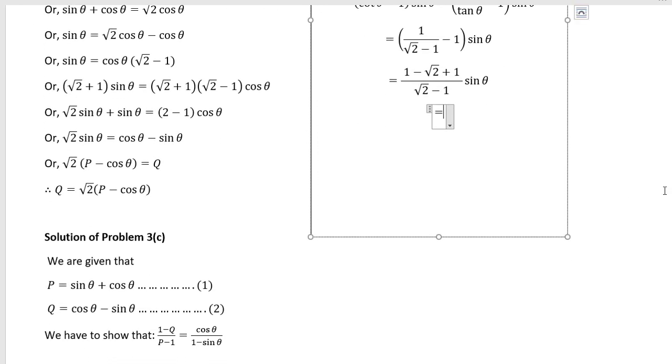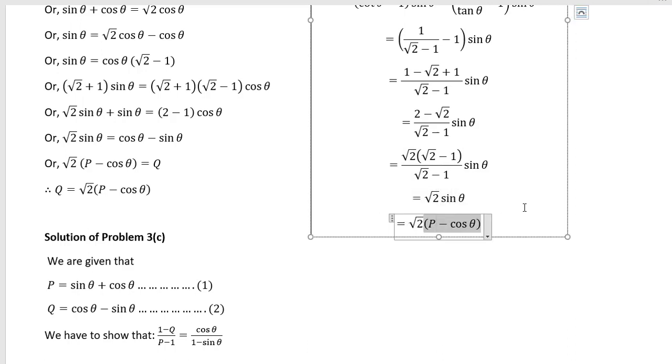Now we will get 2 minus root 2 divided by root 2 minus 1 from this fraction, and sin theta on the right side. Now if you take root 2 as a common factor of the numerator, we will get root 2 minus 1 at the numerator and root 2 minus 1 at the denominator also, and sin theta here. After cancelling the root 2 minus 1 from the denominator and numerator, you will get root 2 sin theta here, and this will give you root 2 into p minus cos theta equal to the right hand side.